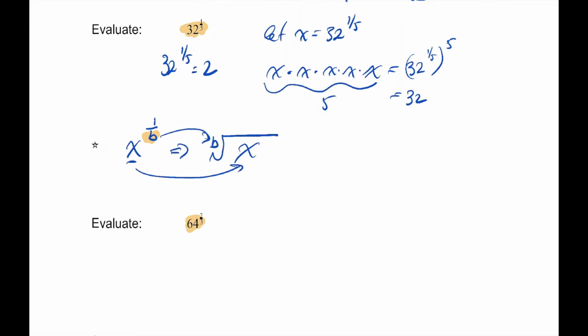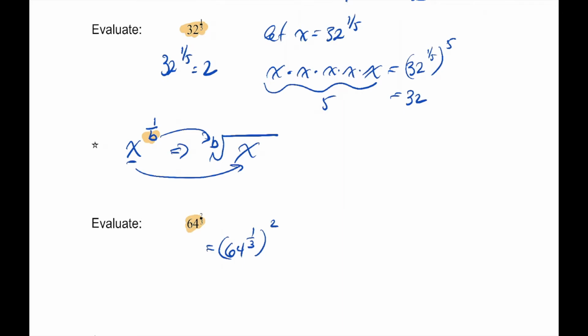So we could break up this exponent to be 64 to the power of 1/3, all to the power of 2. Because if we take the power to the power law, we multiply those two exponents and we get 64 to the power of 2/3.